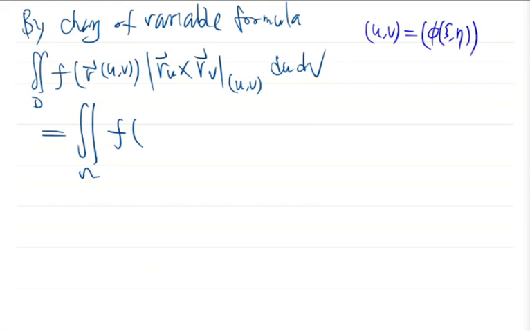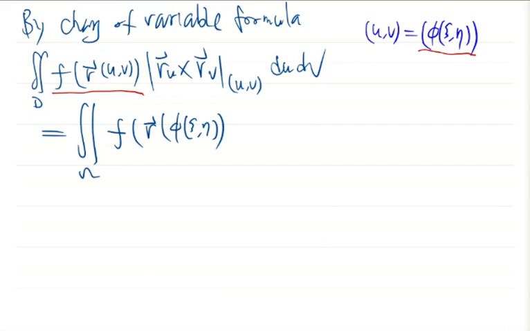Okay, so the integrand here is the multiplication of two terms. The first term is f of R(u,v), but you need to substitute (u,v) by phi(ξ,η). So this is f of R of phi(ξ,η).